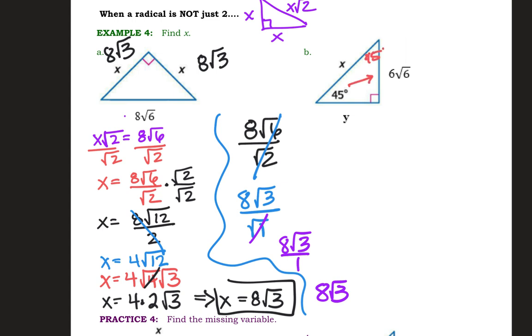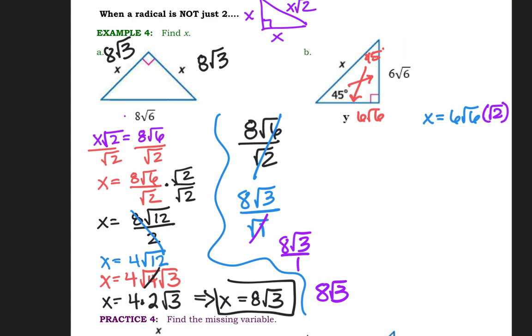So on this one, we know this one should also be 6 square root of 6, but to get the x, we're going to take our leg, and we're going to multiply it by the square root of 2, because no matter what, whatever your leg is, you write it down when you're looking for the hypotenuse, you have to multiply it by the square root of 2, because that's what we do for the hypotenuse.